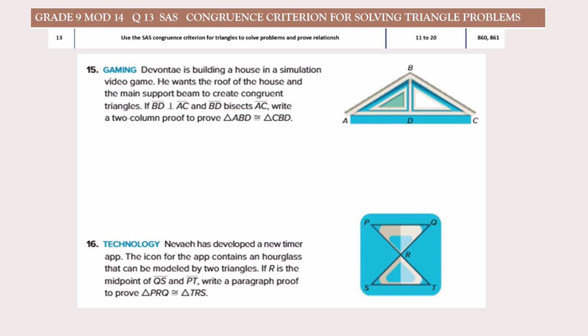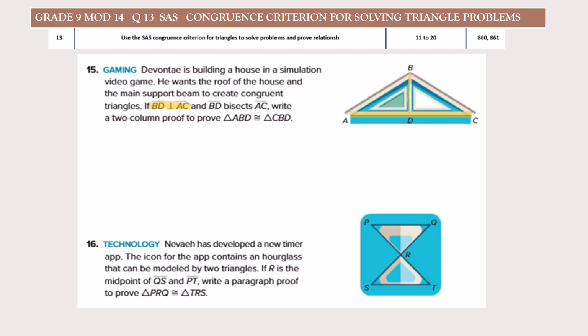Similarly, in number 15 and number 16, always go and check what is given. Important to note that we can always get information which is given, and if we look at this example here, they tell us BD is perpendicular. Remember, perpendicular means BD is perpendicular, so it forms a 90-degree angle.